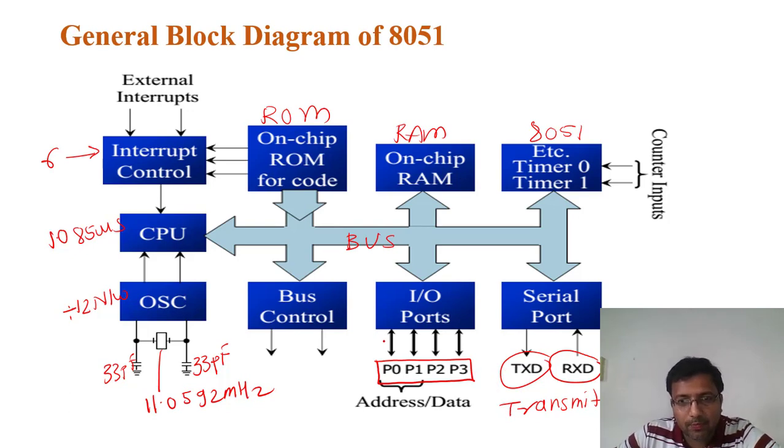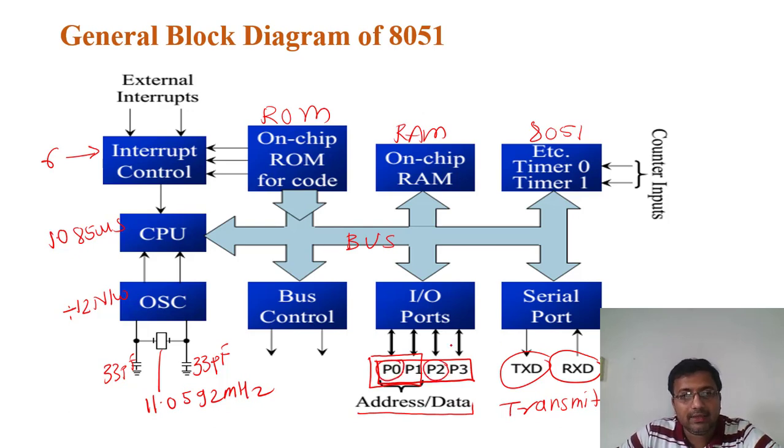There are 4 IO ports: P0, P1, P2 and P3. Port 0 and port 2 are used for address and data, not port 1. There is a multiplexed address and data bus available for these two.